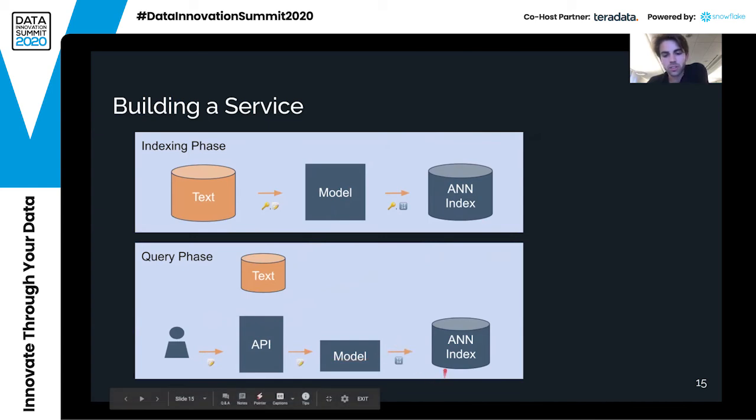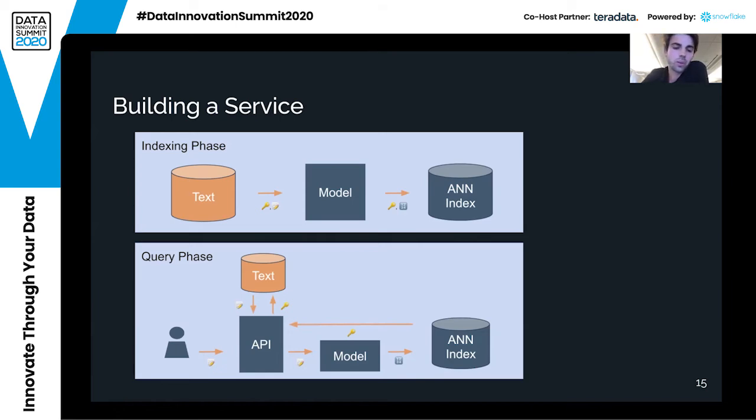We then use that vector to query the index to get back the keys to the most similar vectors that we stored before. We can then use those keys to get the original text from our database. So now we have the text, or the texts, the top n, however many the user requested, and we can return those to the user.